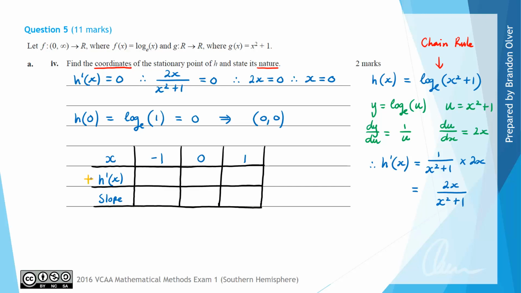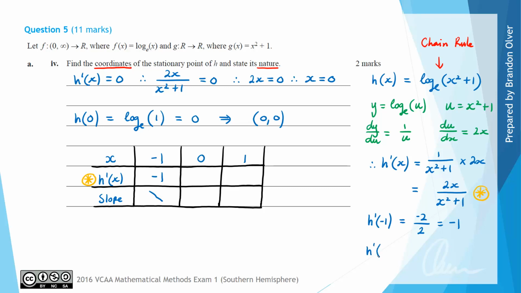Just a reminder that h dashed of x is the same as this expression over here. So h dashed of -1 is equal to -2 over ((-1) squared plus 1), which is 2, so that equals -1. So h dashed of -1 is -1, and it has a slope that would then look like that.